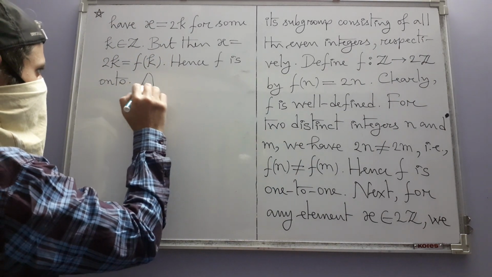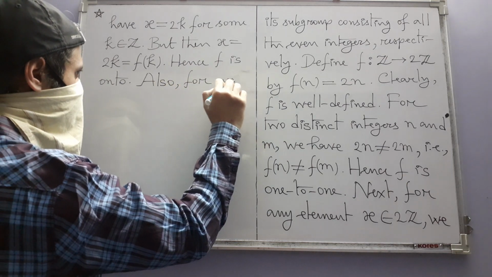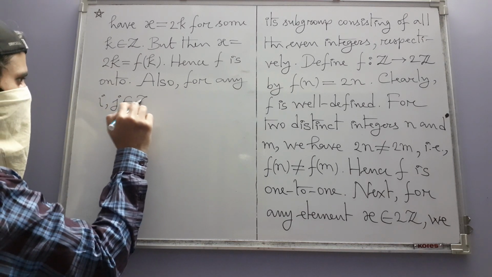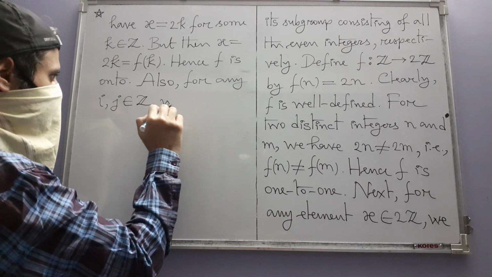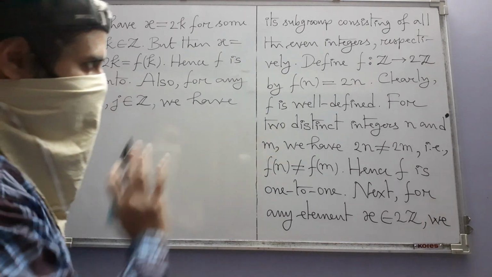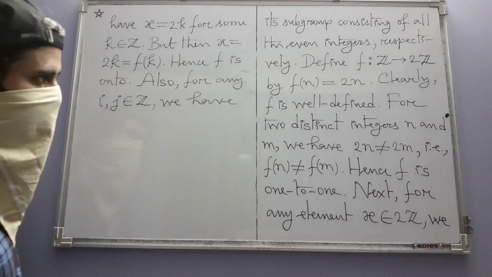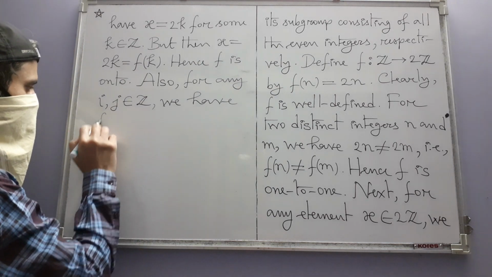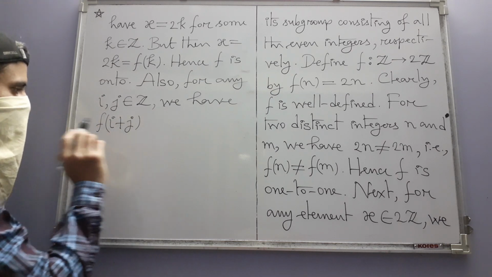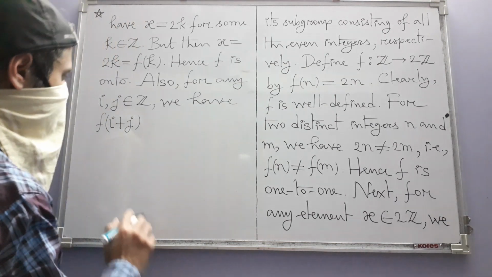Also, for any integers i and j, what else we are left to verify is that condition. What is f of i plus j? I write i plus j here because the binary operation is addition of integers.